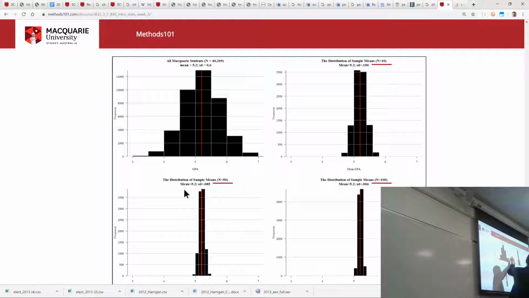This is a sample from that where the sample size is 10, the size of this room. This is one where the sample size is 100. This is where the sample size is 50. And the point of this one is simply that even though they're from the same distribution, as your sample size gets bigger, the accuracy of your estimate of the population parameter gets really close, really narrow. Are we following?